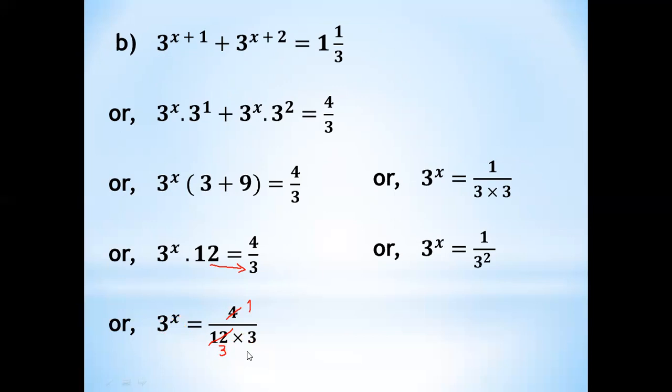As we have been discussing in previous questions also, the denominator 3 square on the right hand side can be taken to the numerator. Yes, that's right. When we take this 3 square to the numerator, it will be 3 to the power minus 2. Good.